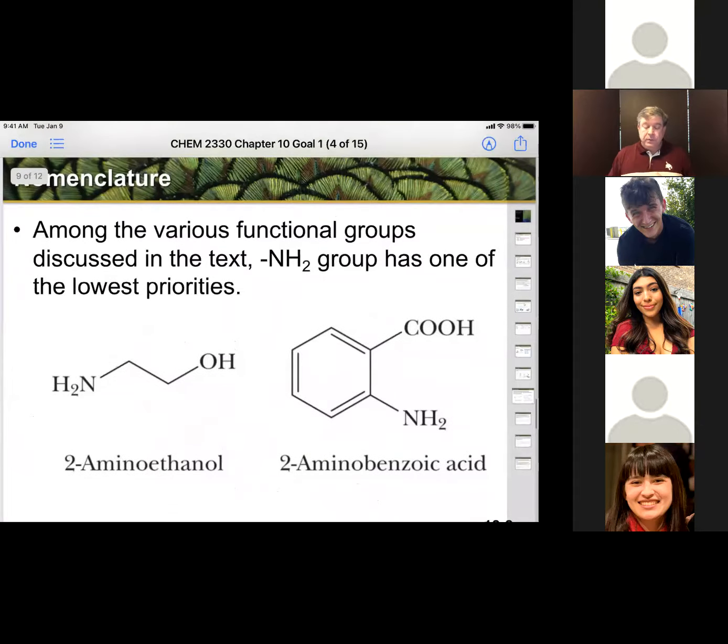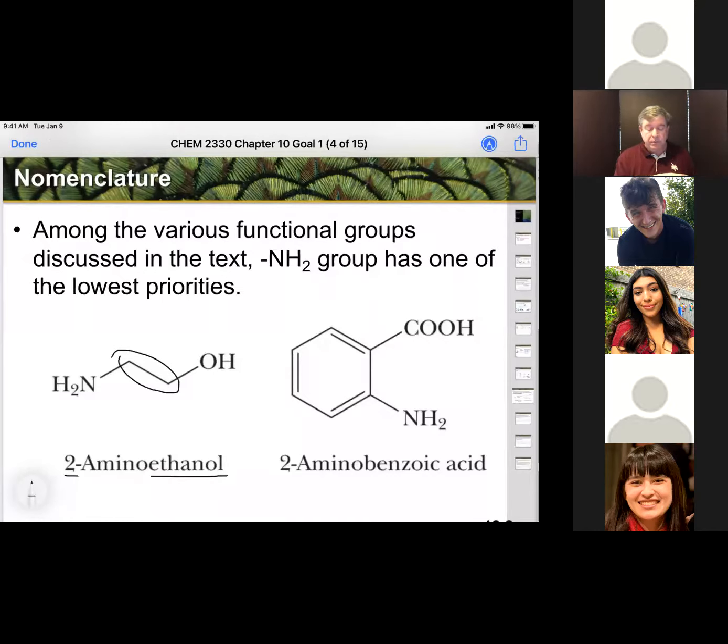Okay, so if you have more functional groups than just the amine, remember amine is one of the lowest priority groups. So if you have anything like an alcohol or higher, it's going to be named for that. So in the case of having 2 carbons and having an ethanol, the amine is a substituent, and so you identify its location and call it amino as a substituent.